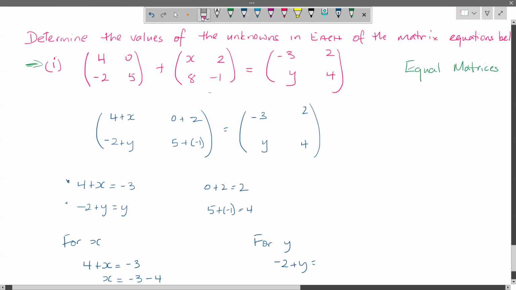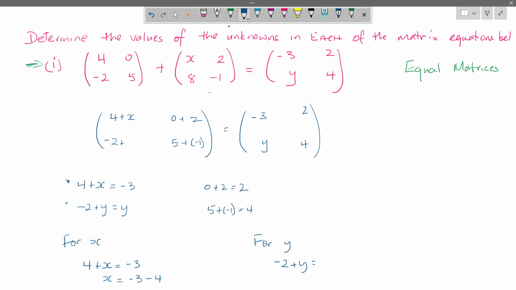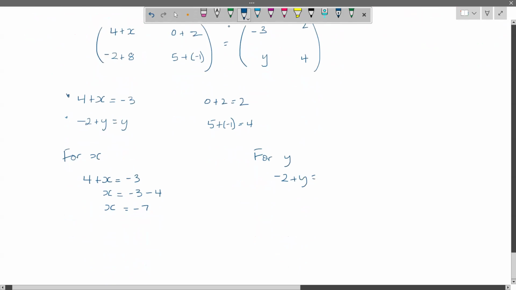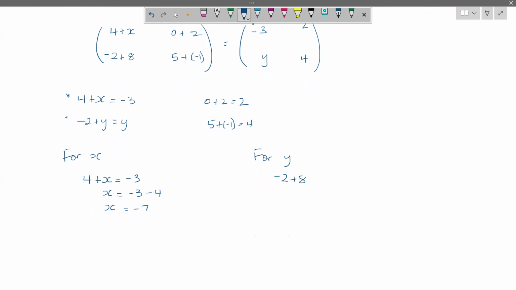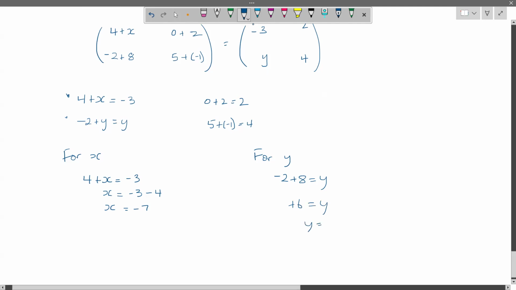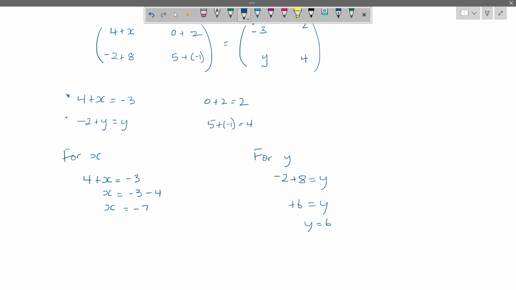Yes, I did. This is 8. Right, so -2 plus 8 is equal to y. So we're going to get plus 6 is equal to y. So y is 6. So x is -7 and y is equal to 6.